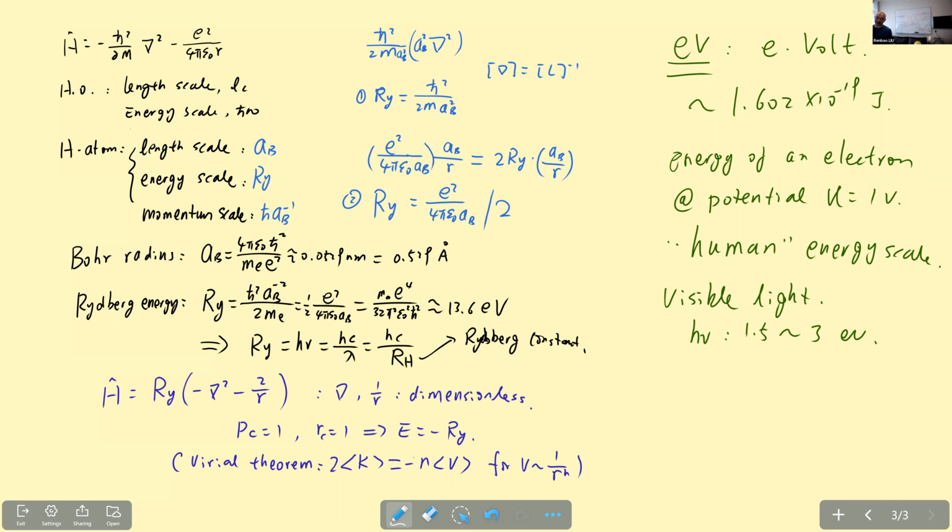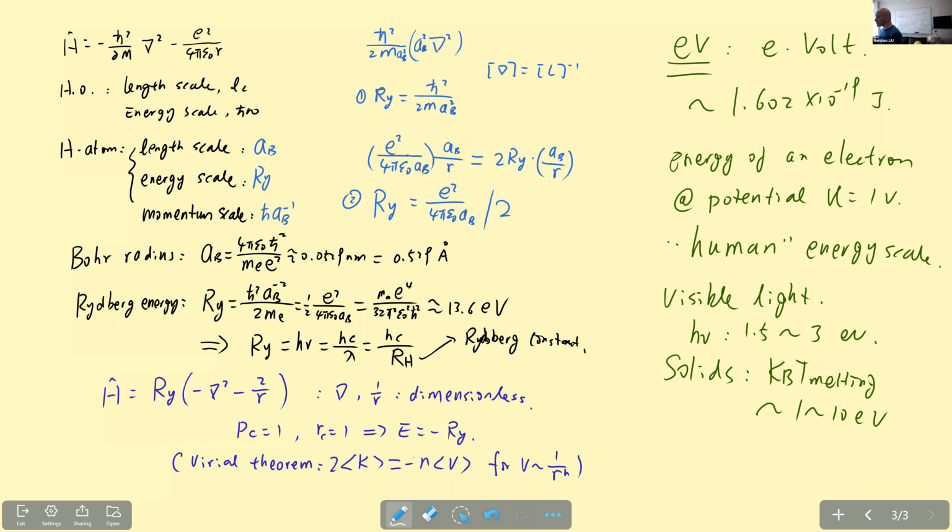If you look at semiconductors, the band gap is about a few electron volts. And for all the solids, the melting temperature, k_B T melting, will be just 1 to 10 electron volts.